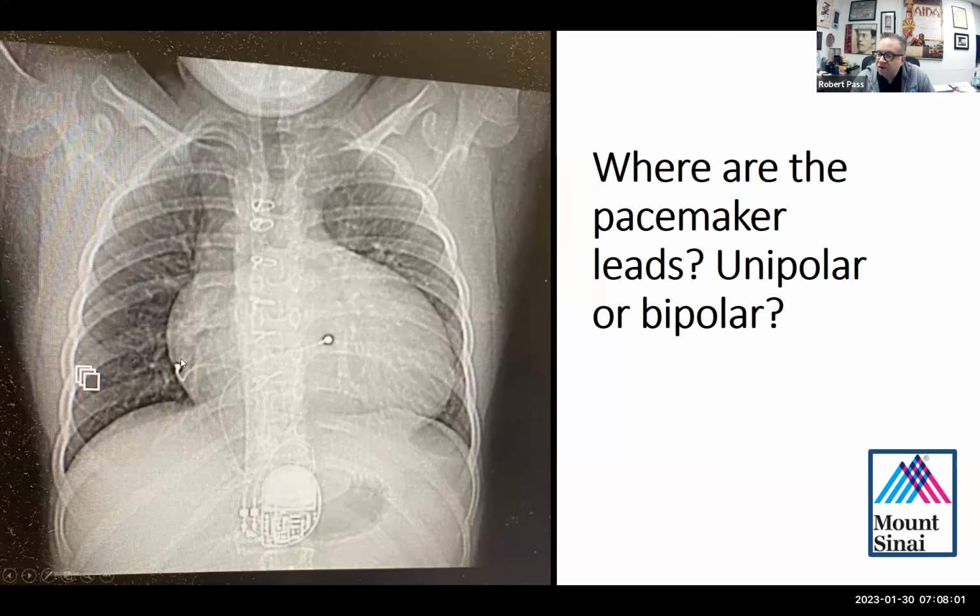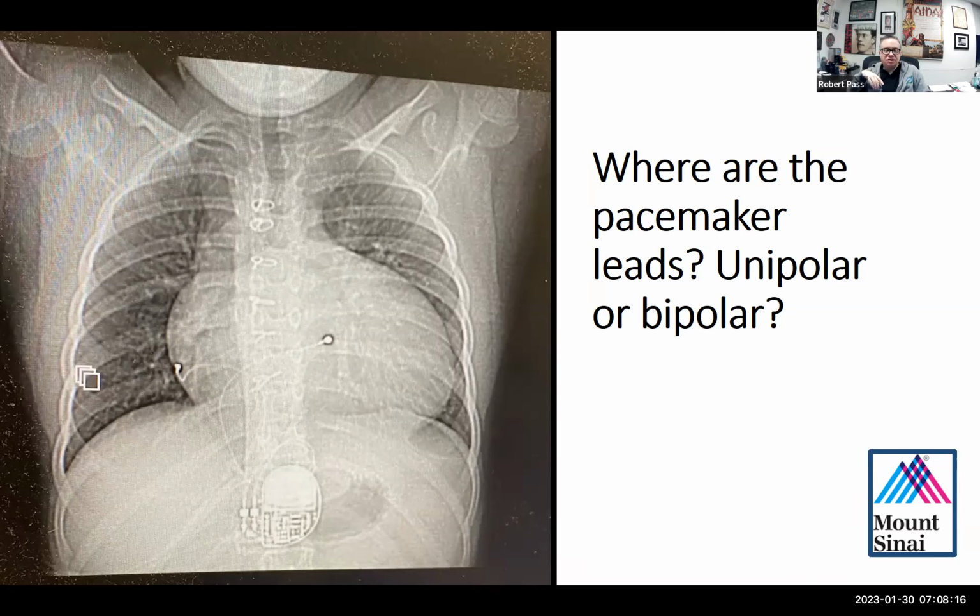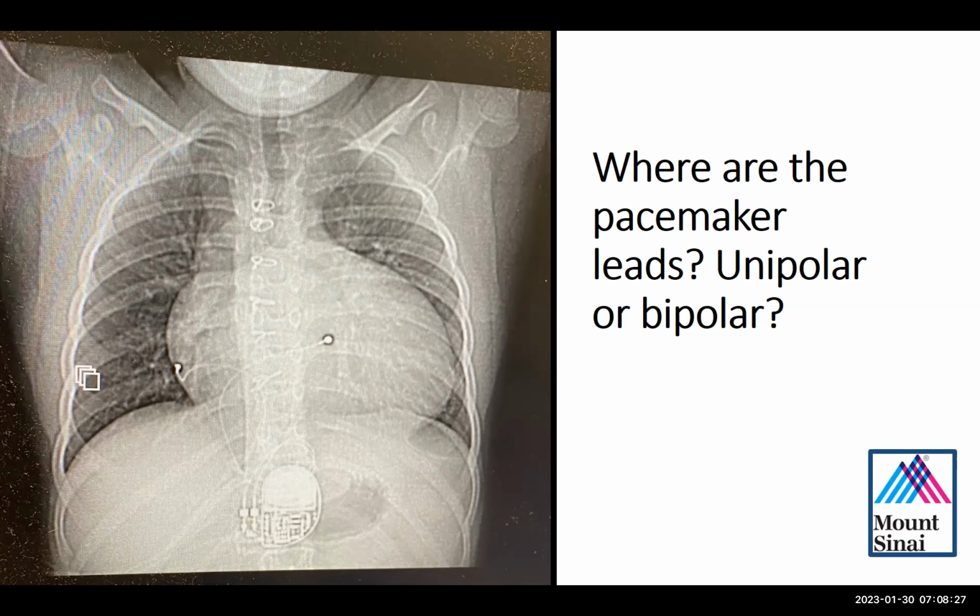And do you think these are unipolar or bipolar leads, Tarek? Let's see. What's the difference in terms of unipolar versus bipolar, in terms of what's attached to the heart? So I think a unipolar has a single conductor, right?